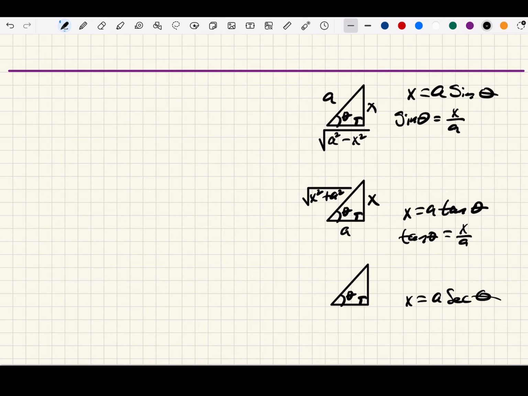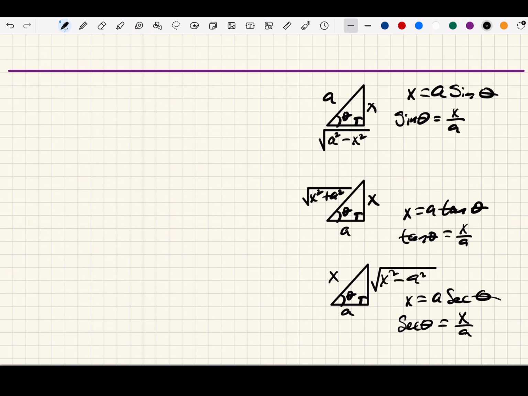Remember that from Calc 1, right? So we're starting to see where some of this stuff comes from. Secant theta would be x over a. Now that's 1 over cosine, so that would be hypotenuse over adjacent. That means the hypotenuse would be x, the adjacent would be a, and the vertical would be the square root of x squared minus a squared.